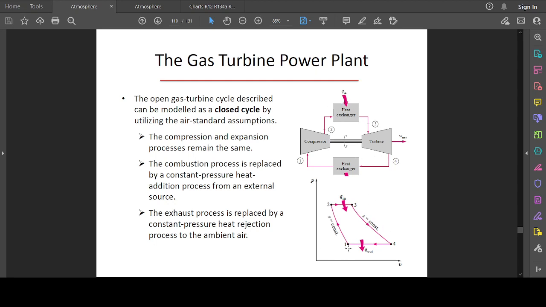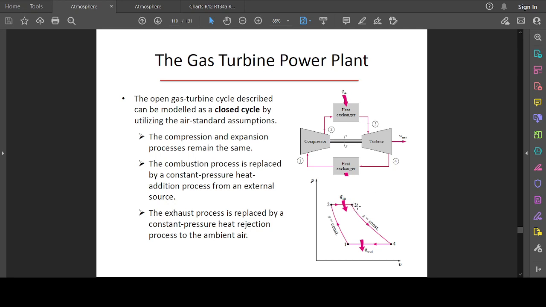So we will have a stage 1 here at a low pressure. There is a compression to a high pressure at stage 2, and from stage 2 heat is added to the system at constant pressure, getting to stage 3, and there is an expansion.